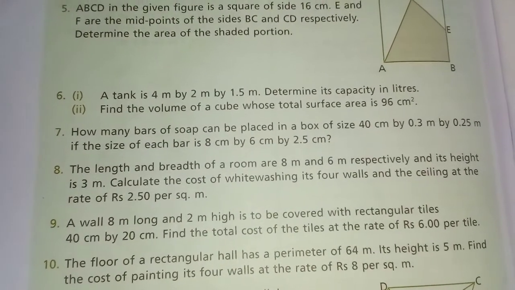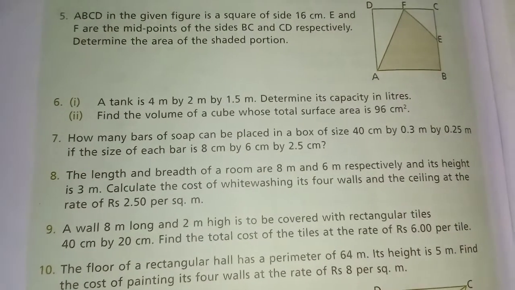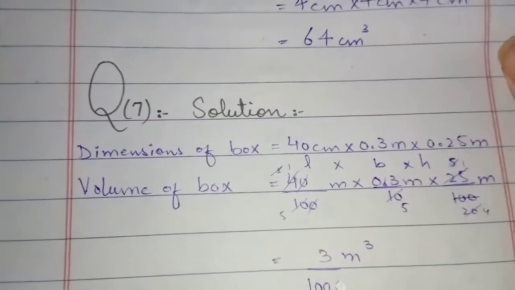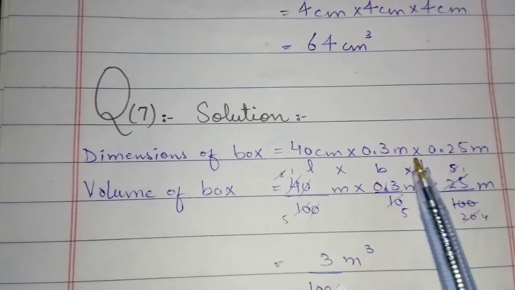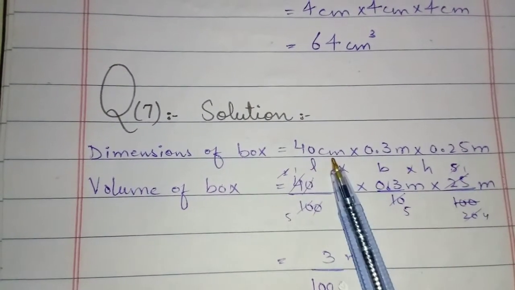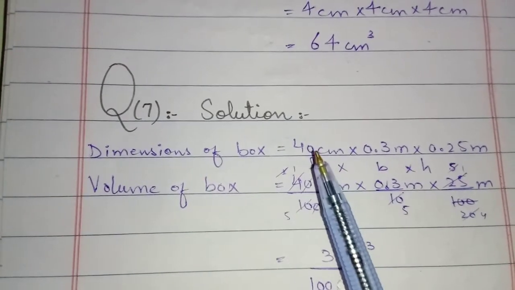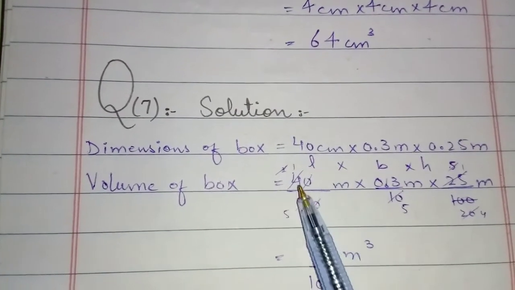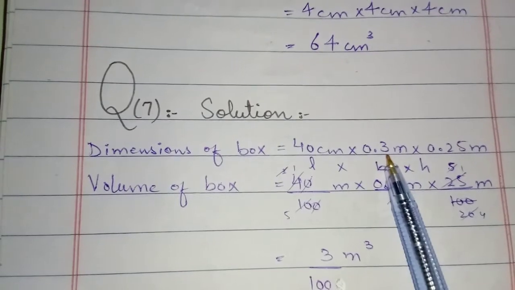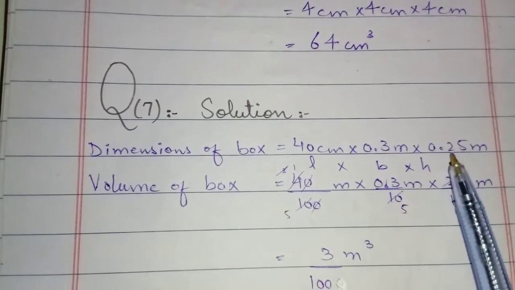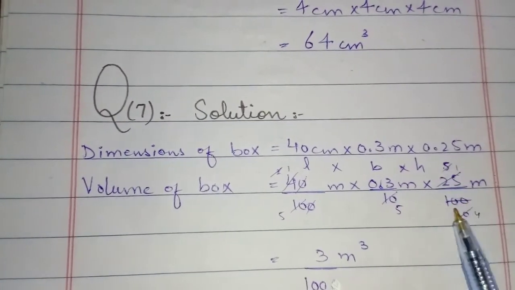So first of all the dimensions of the box are 40 centimeter, 0.3 meter and 0.25 meters. All units should be in meters, so we have to convert the centimeter into meters. So we have to divide 40 by 100. So 40 over 100 meter, after removing the points we get 3 over 10 meter and 25 over 100 meters.